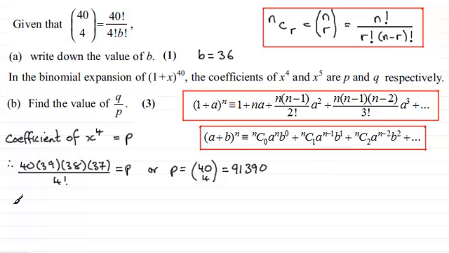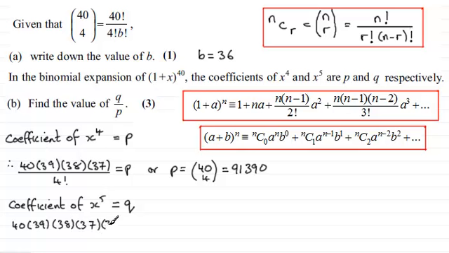Now we'll look at the coefficient of x to the power 5. At this point you might like to just pause the video and work it out yourself. But we're told that it equals q. Well, the coefficient of x to the 5, if we were looking at this formula here, that's going to be 40 times 39 times 38 times 37 times 36, divided all by 5 factorial.